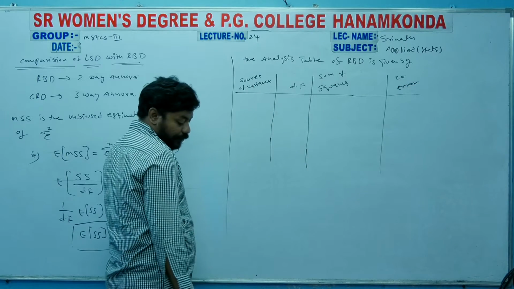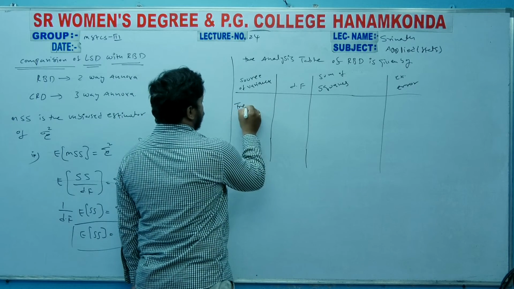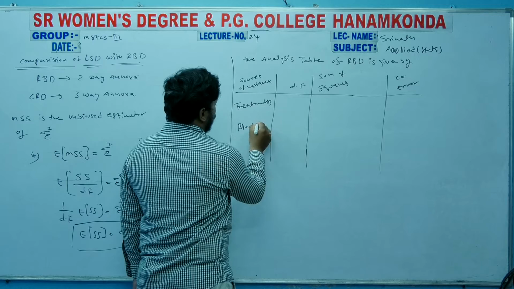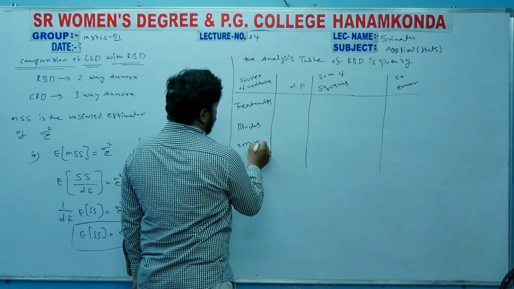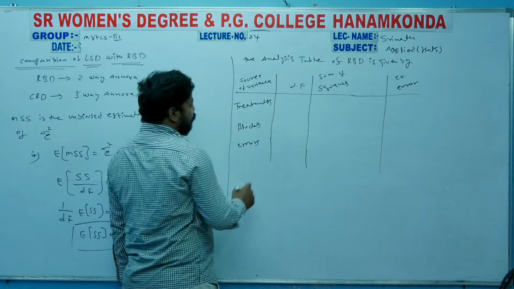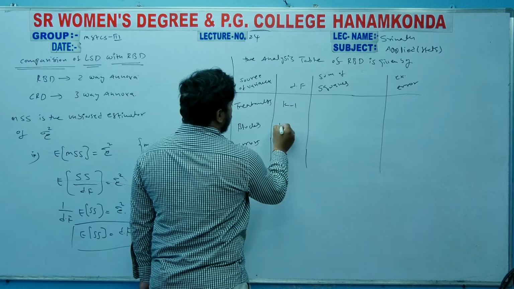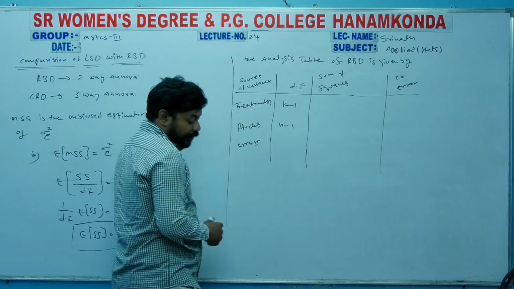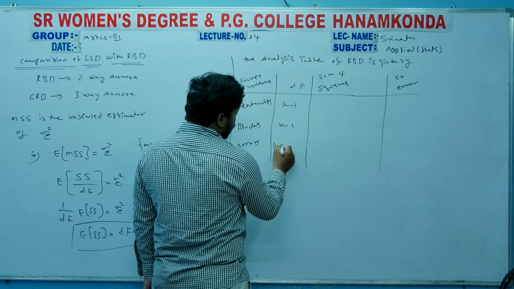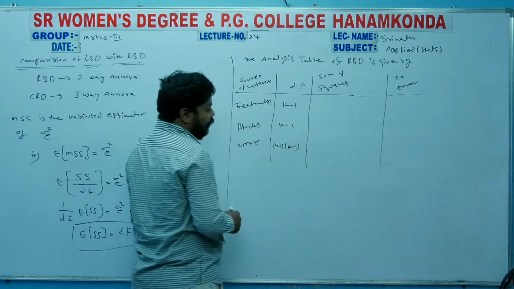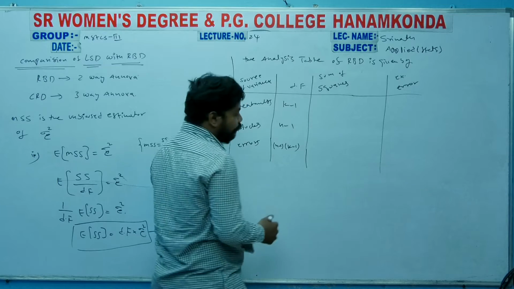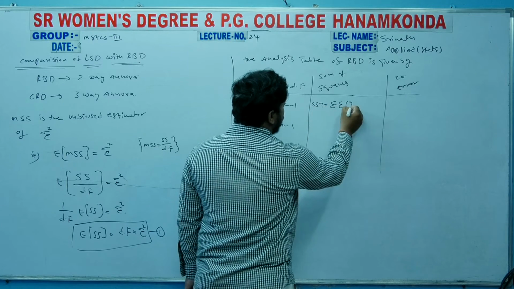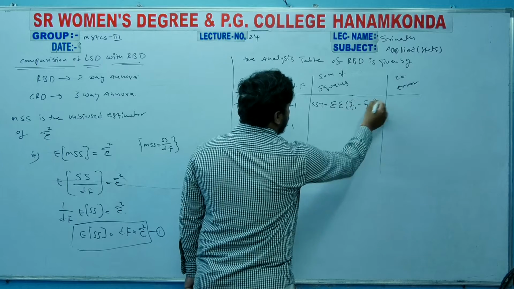In RBD you can write treatments, blocks, errors. So treatments have k-1 degrees of freedom, blocks have n-1 degrees of freedom, and error has n-1 into k-1 degrees of freedom. And also we can write the sum of squares of treatment equal to double summation of yi dot bar minus y bar whole square.